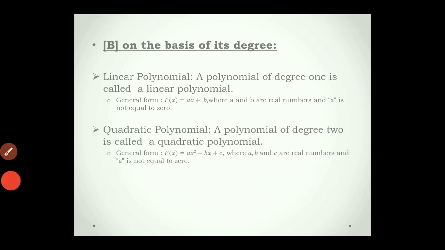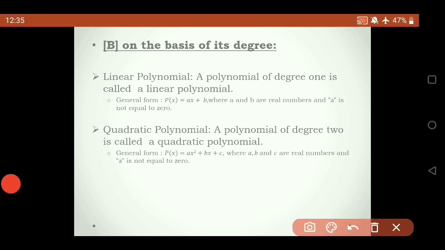Next is quadratic polynomial. A polynomial of degree 2 is called a quadratic polynomial. The general form of it is p of x equals ax square plus bx plus c, where a, b and c are real numbers and a is not equal to 0. That is, if in any polynomial the highest degree of the variable involved is 2, then it is called a quadratic polynomial.